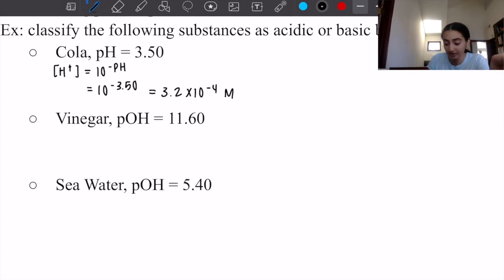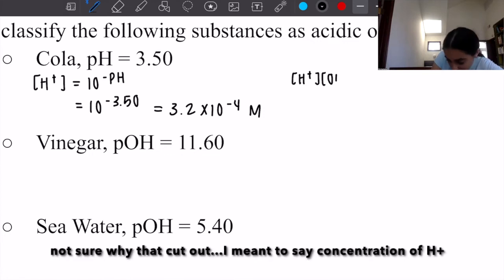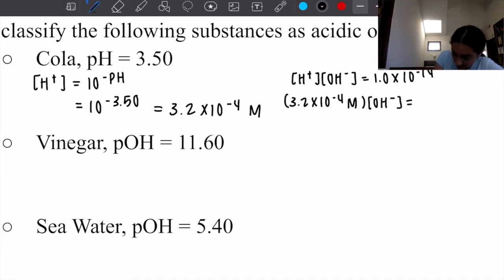So you can do this a number of ways. The way I'm going to choose to do it is write that the H plus times the concentration of OH minus is going to equal 1 times 10 to the negative 14th. So 3.2 times 10 to the negative fourth molarity times the concentration of OH minus is going to equal 1 times 10 to the negative 14th.